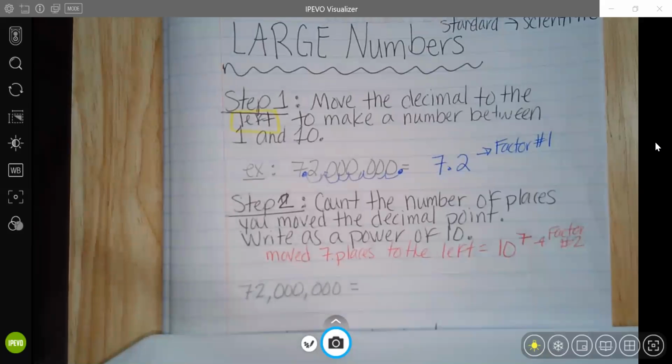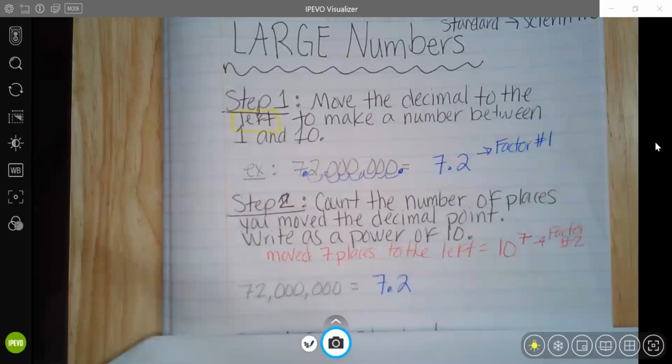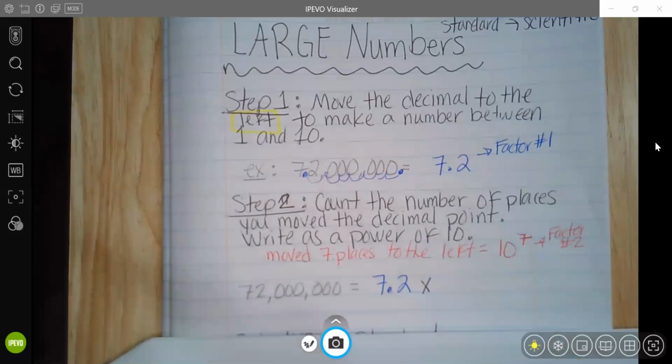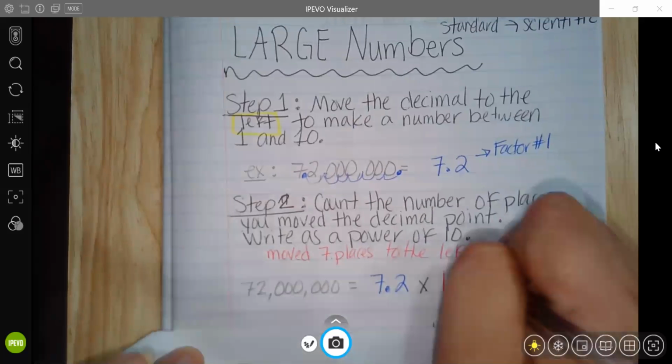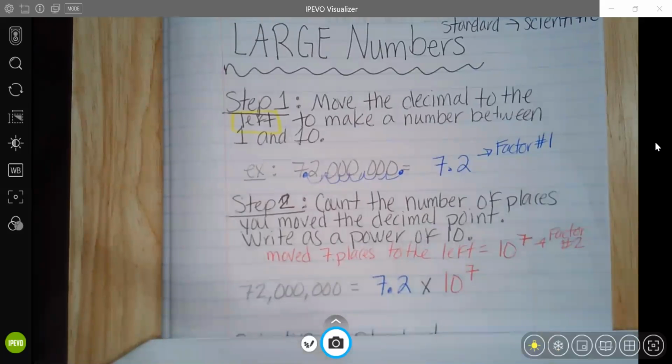So now we can write 72 million in scientific notation. It is going to be our factor number 1, 7.2, times, because remember it's a product, our power of 10, raised to the 7th power because we moved the decimal 7 spaces.